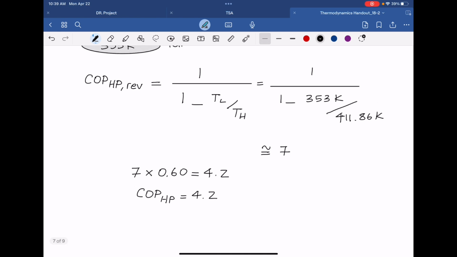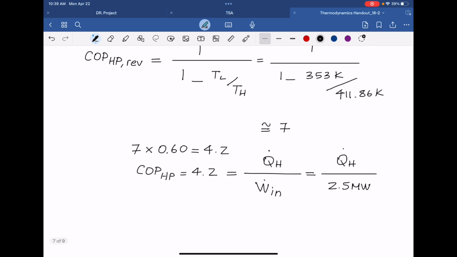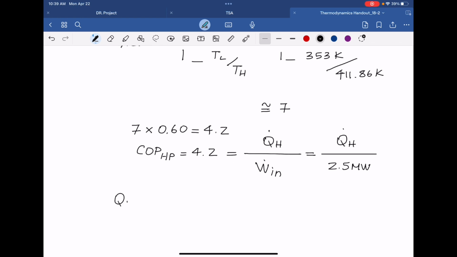Well, what can you find from this? Now you know the equation of heat pump COP, which is QH over power in. Now, the power is given to us, which is 2.5 megawatts, this will help us to calculate QH.